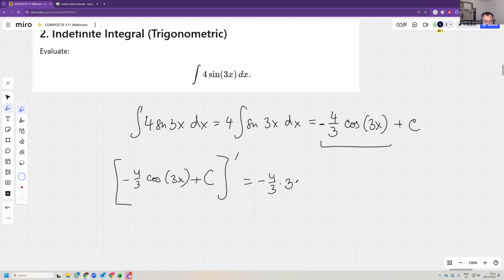It's going to be 3 times minus sine 3x, and plus 0. If you simplify that, the 3 cancels, the minuses cancel, it's going to be 4 sine 3x. So you find a function whose derivative is 4 sine 3x.